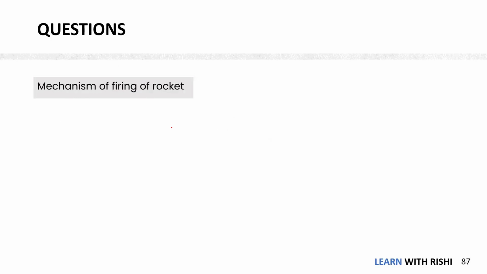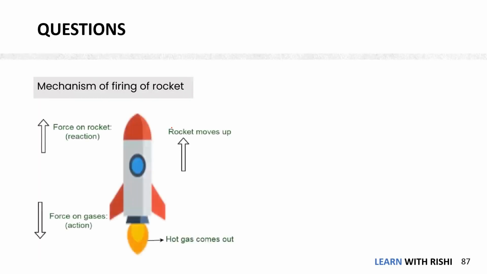Next question is the mechanism of firing of a rocket. Now the mechanism of a rocket is also an example of Newton's third law of motion. So basically, as you can see in the picture, force on the rocket is the reaction, and force on the gas is the action. What is this? I will explain.